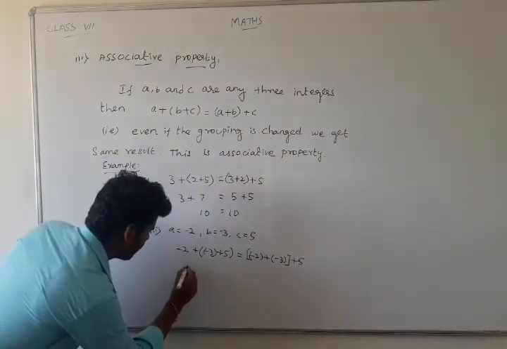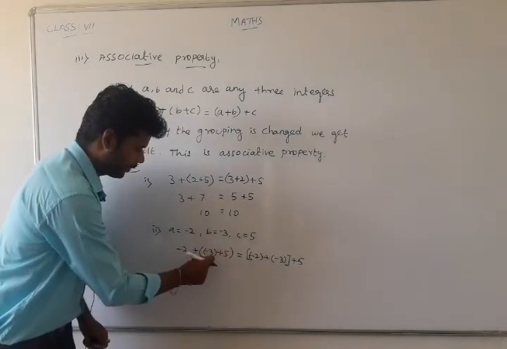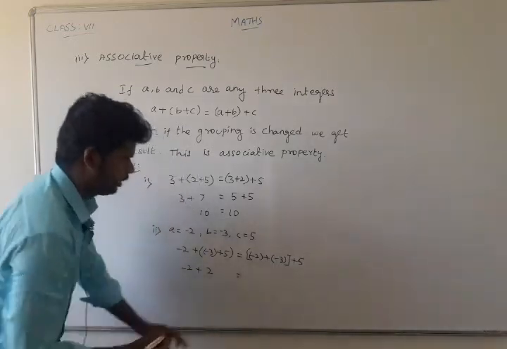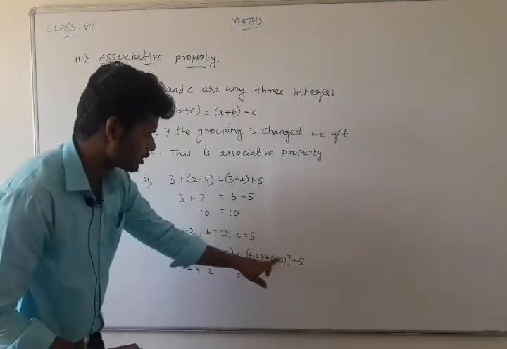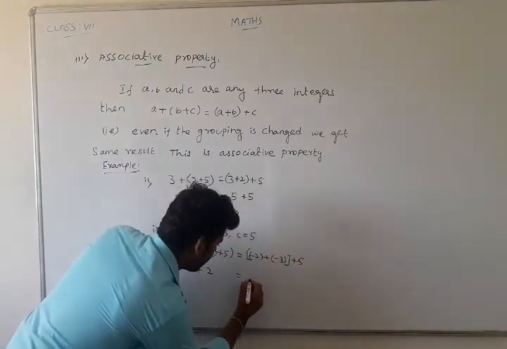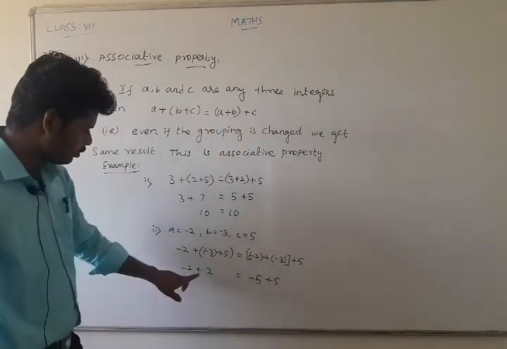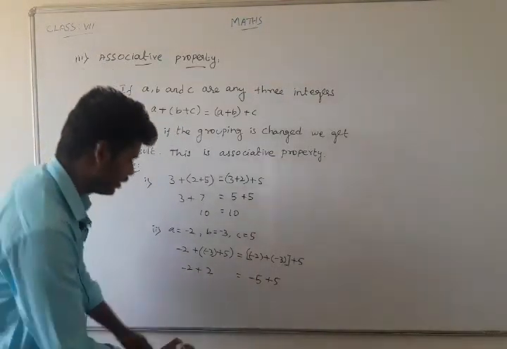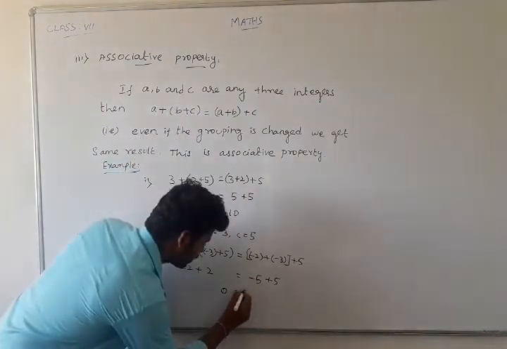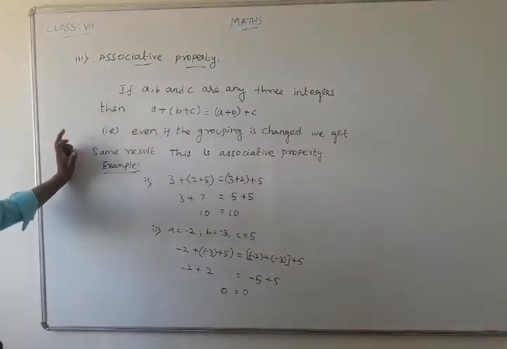Now minus 2 plus of minus 3 plus 5, minus 3 plus 5 is 2 only, equal to here minus 2 plus of minus 3, plus into minus, minus, so minus 2 minus 3 minus 5, plus of 5, here minus 2 plus 2, 0, here minus 5 plus 5, 0. So this is the associative property.